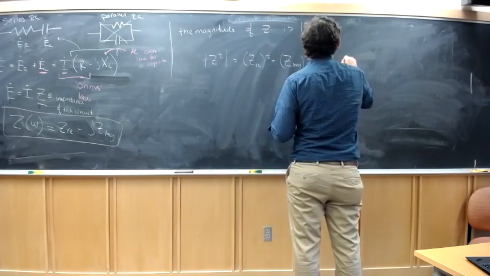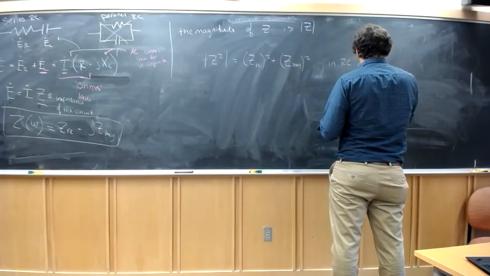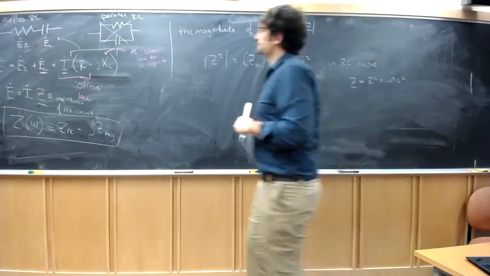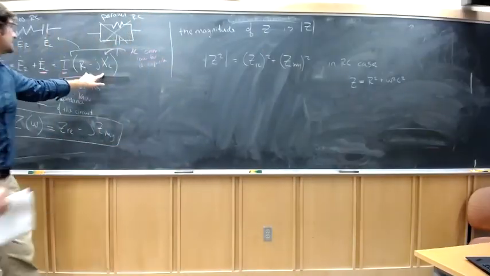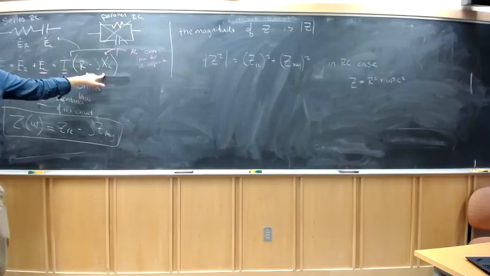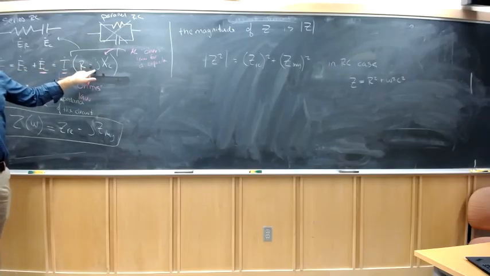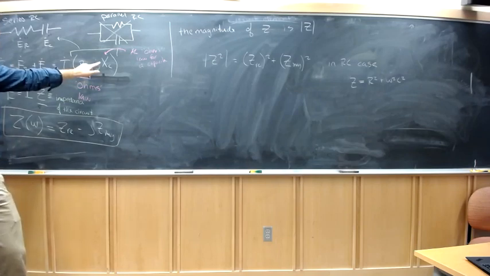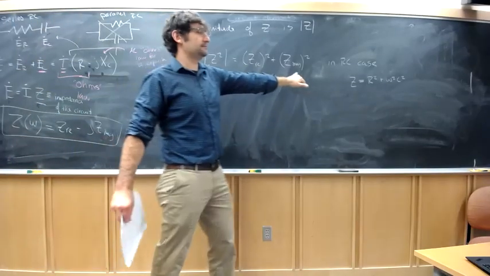And then in this RC case, that is R squared plus 1 over omega squared C squared. So that's just from this expression, right? When you square a complex number, do you remember how you do that? You've got to take the complex conjugate. And how do you get the complex conjugate? You change the sign of all the imaginary numbers. So when you do that, the cross terms between the complex and real parts of the number cancel each other, and you just get this expression. Okay.